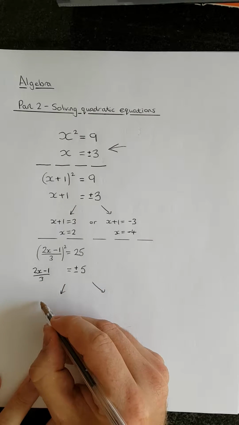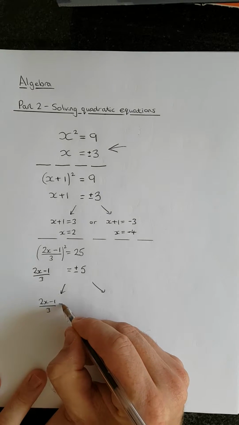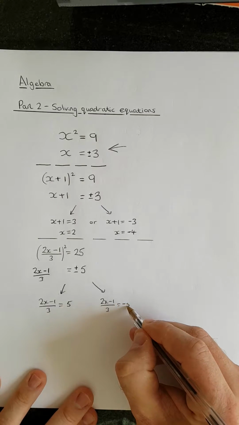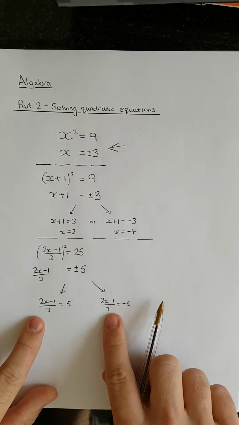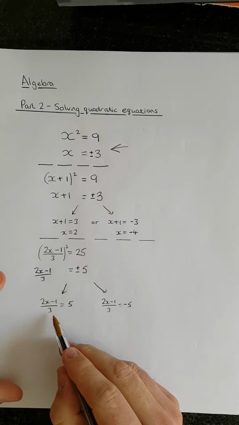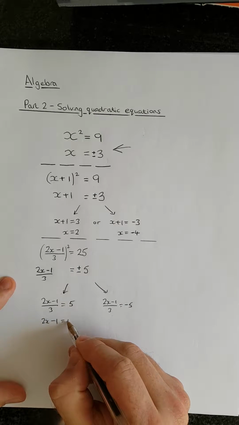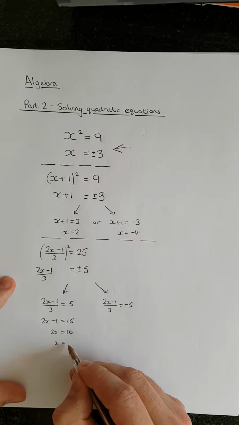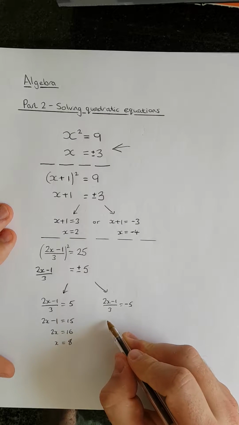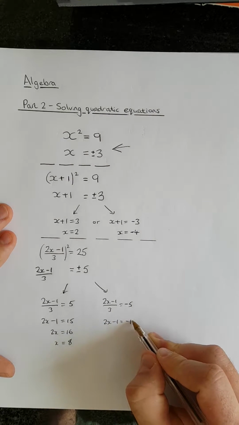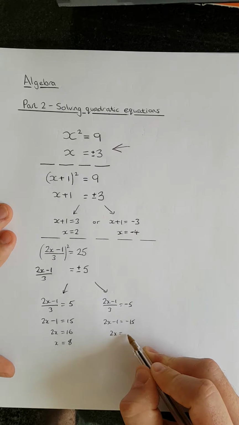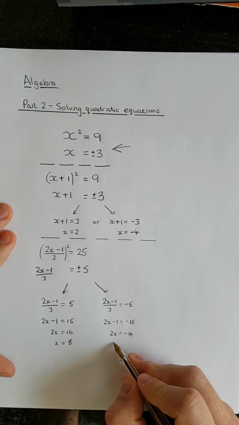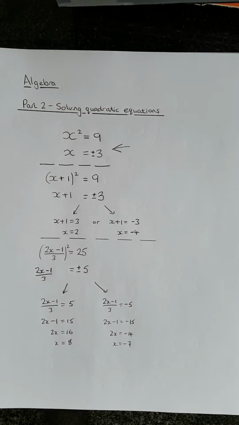So let's separate it into equals 5 and equals minus 5. And to solve both of these, we'll do the same steps. We'll multiply by 3, add 1, and then halve it. So, same over here. Watch you don't put minus 16, adding 1 to minus 15. And there's your two solutions.